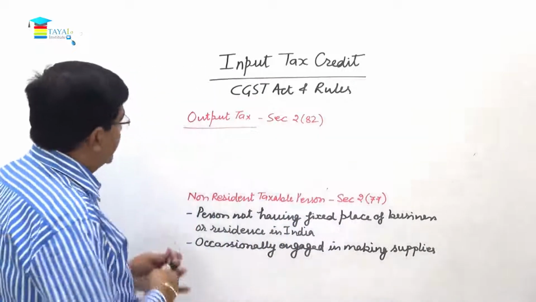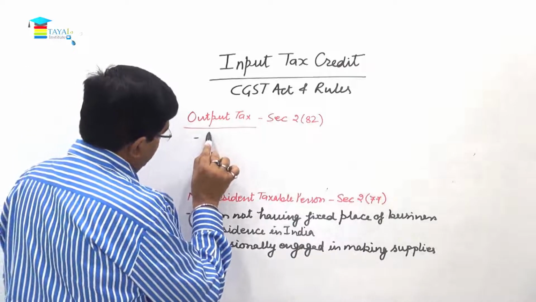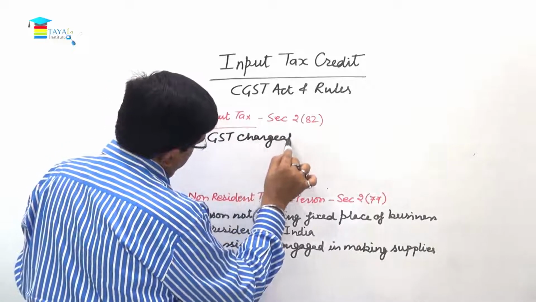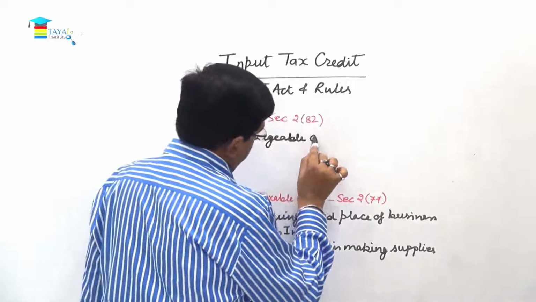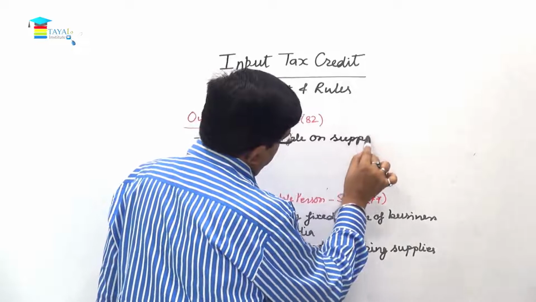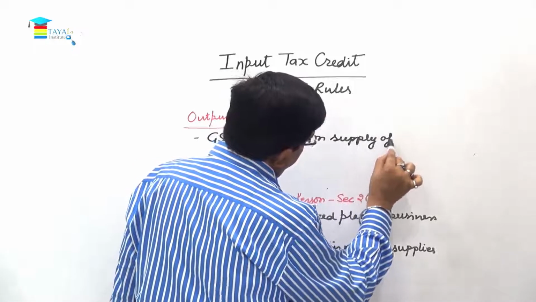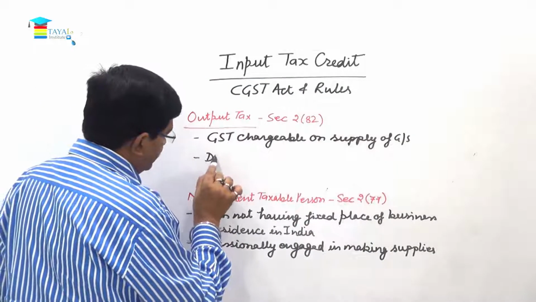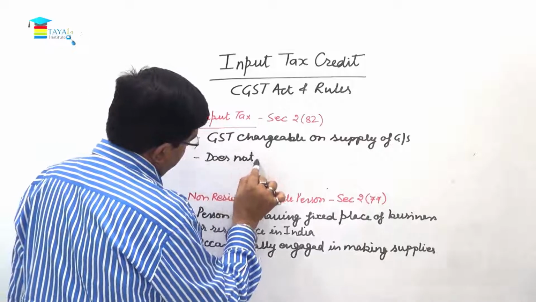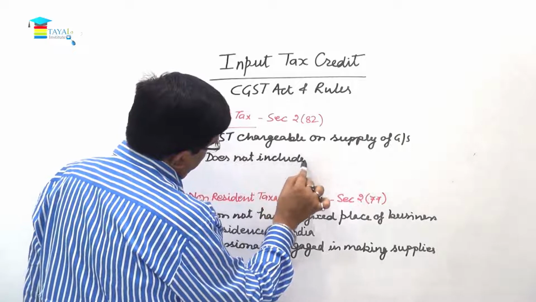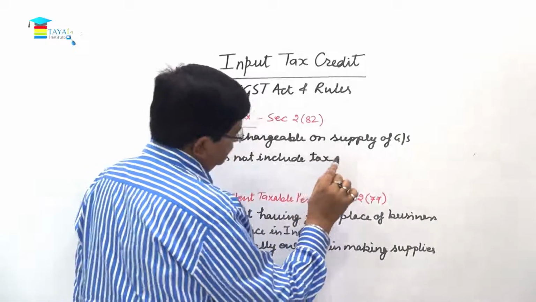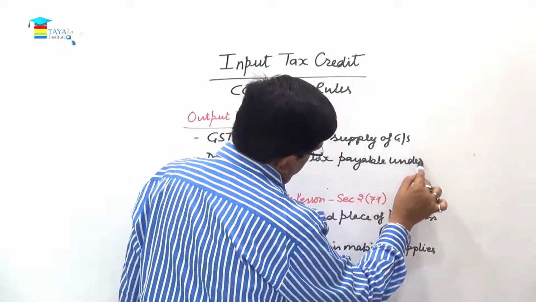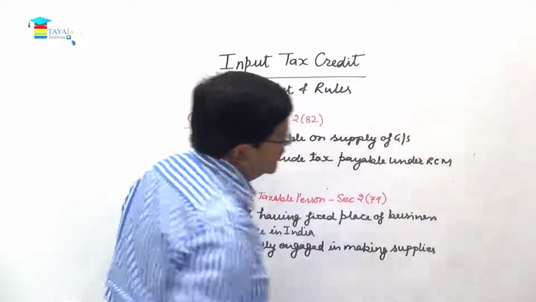And this is the amount of GST chargeable on supply of goods or services, but this does not include tax payable under the reverse charge.